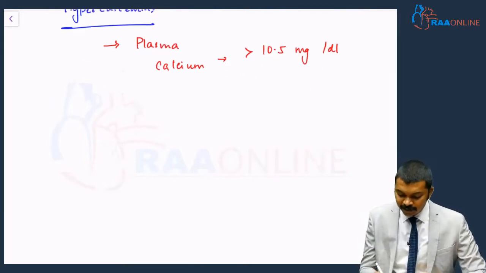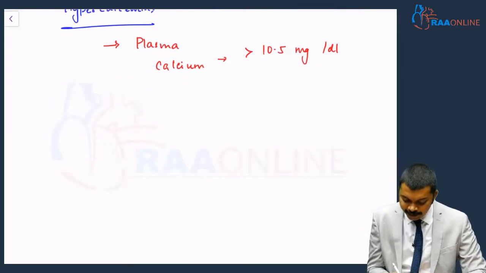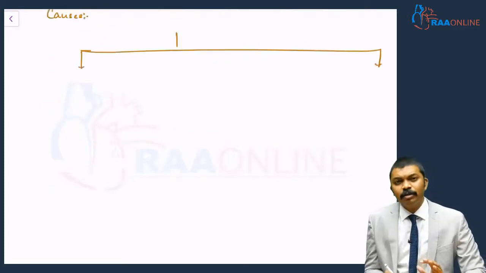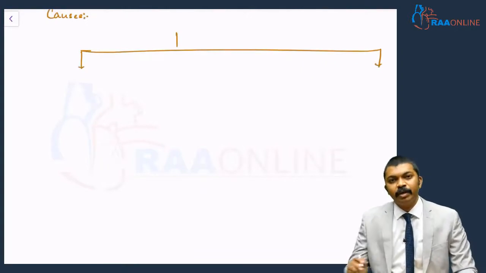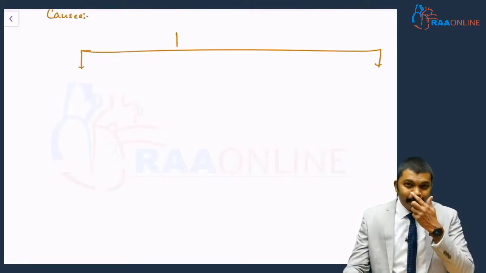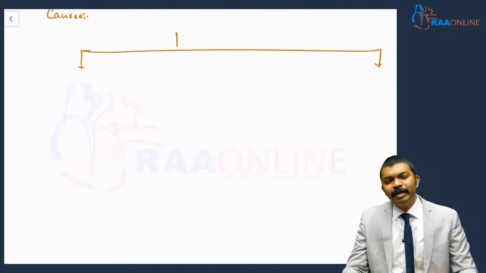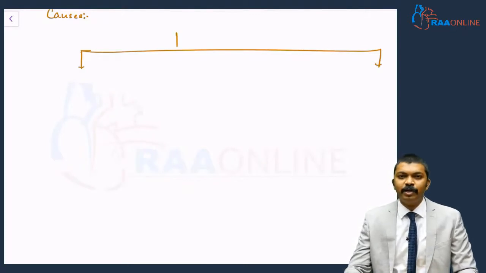Now, the causes for hypercalcemia can be broadly categorized into two main subdivisions. The predominant cause is going to be hyperparathyroidism. You know very well, parathormone is essential in increasing blood calcium level. When parathormone levels are significantly elevated, there is going to be a tremendous reabsorption of calcium from nephrons, especially from the distal convoluted tubule.